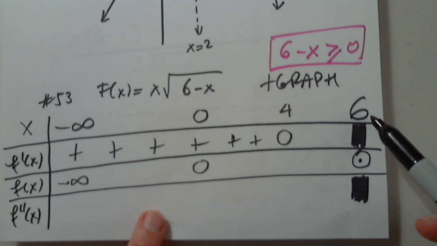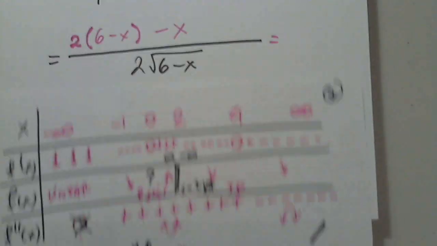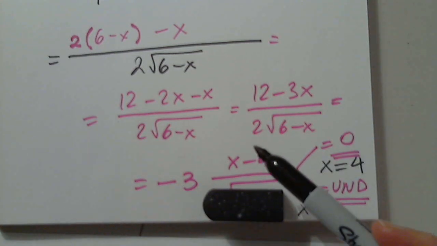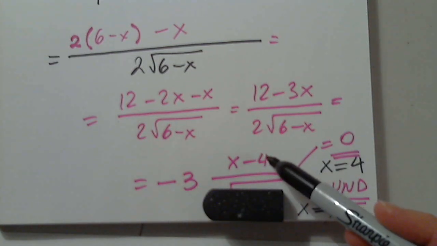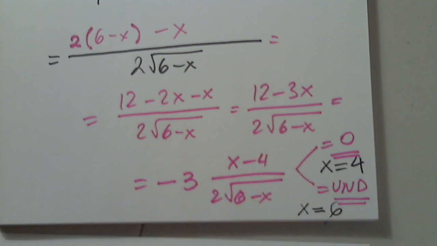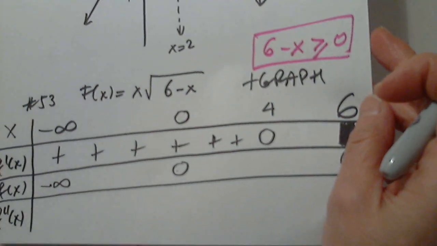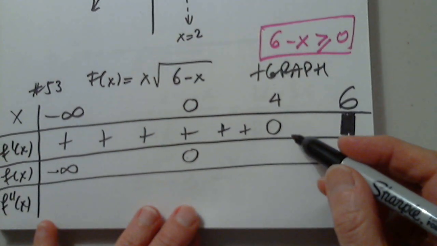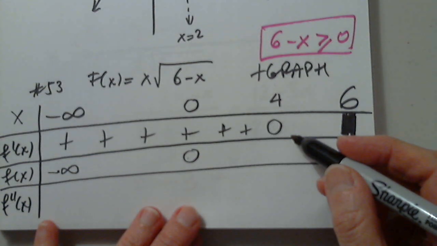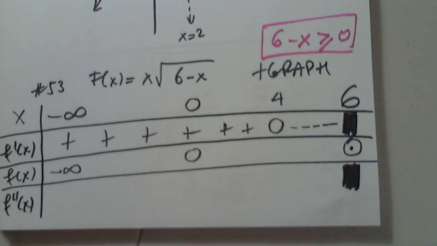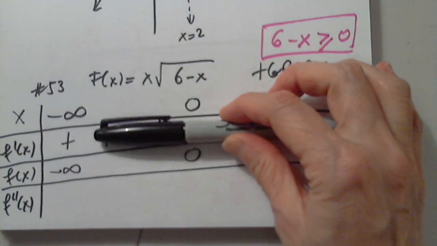Between 4 and 6, I'm going to put in 5. Again, I refuse to study this. How much is 5 minus 4 times negative 1? I only need the sign. 5 minus 4 multiplied by negative 1. Negative. Yes.